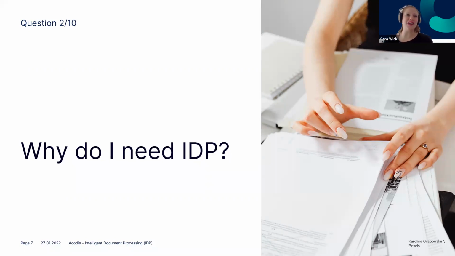I think we've all sent crooked pictures of insurance claims to our insurance. So, all of these. And you need it as soon as you have information that is locked in the documents, but you would like to have it in your ERP, just so you can process it further. And then IDP makes sense, right?